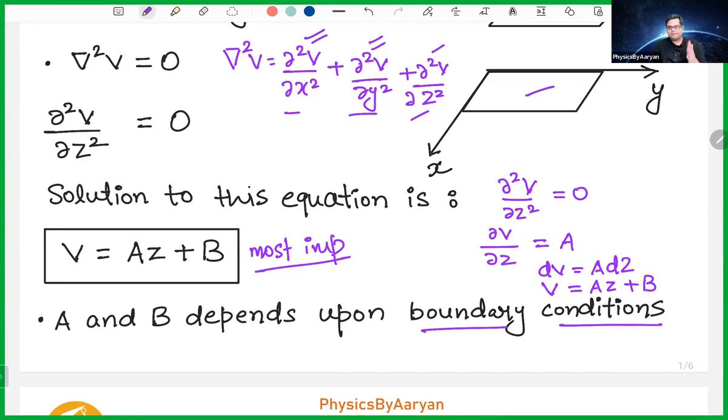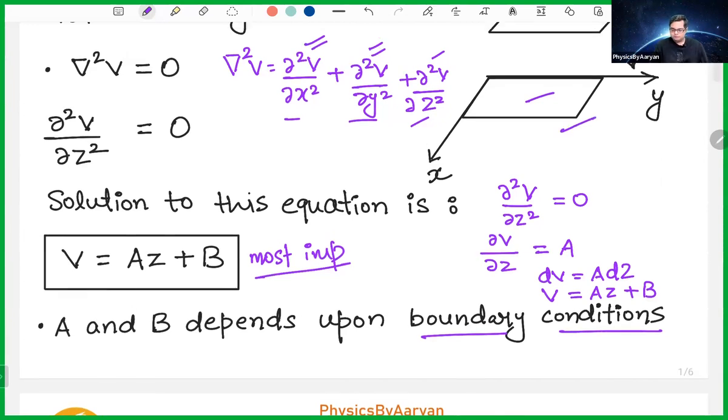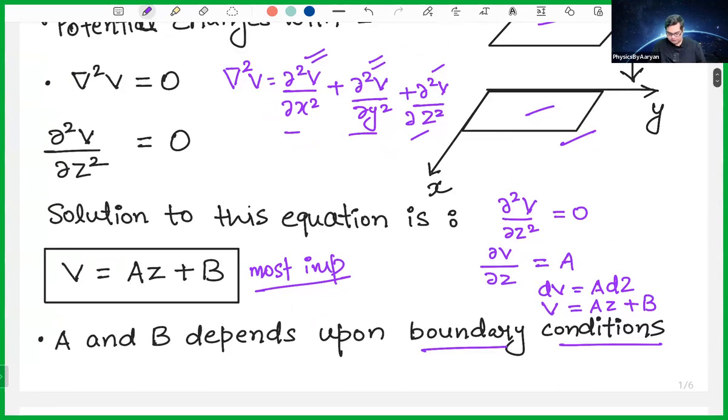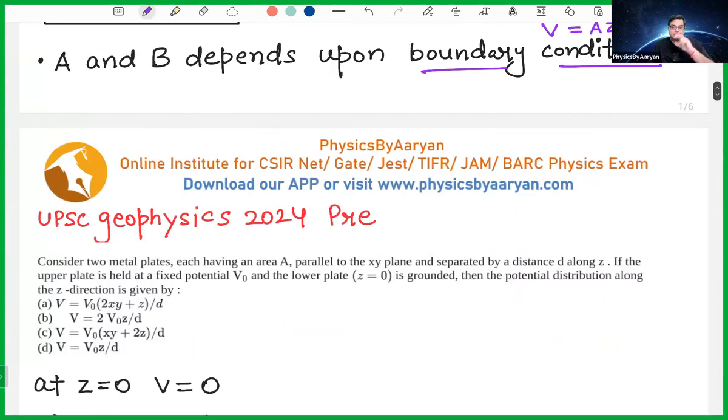So once you have the boundary conditions, what is the potential at this boundary? What is the potential at this boundary? If you use those boundary conditions, you can find the values of A and B. So that was your entire concept of one dimension. Okay. Now we will see where exactly we can use this. Before I go for that, any doubt up to this point?